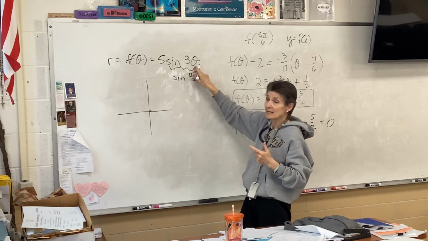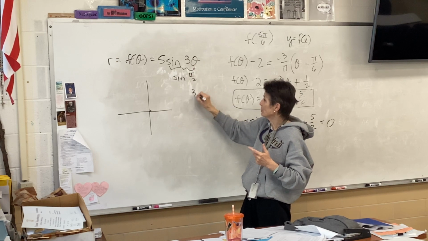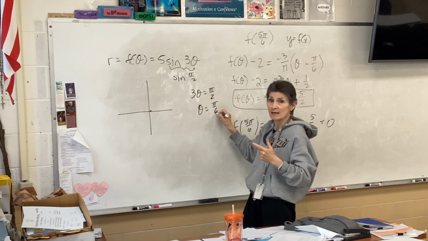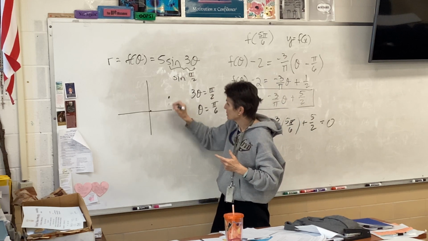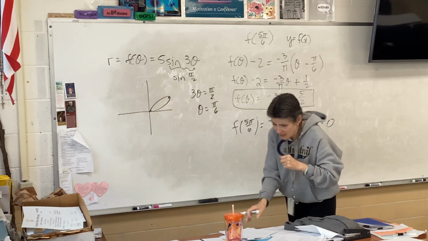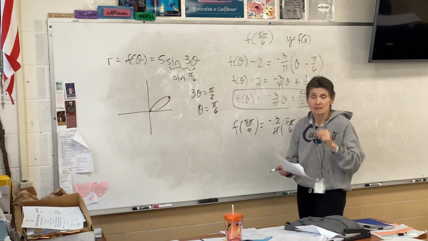So 3 theta has to be pi over 2, which means theta has to be pi over 6. So your first leaf is going to be out there at pi over 6.